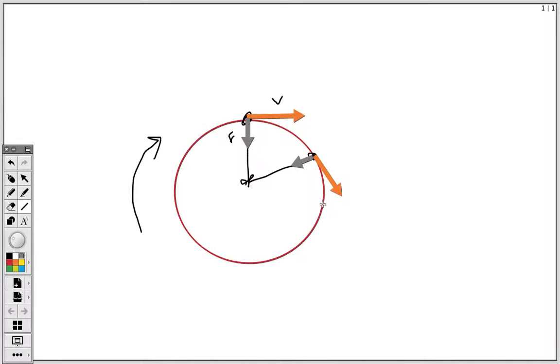And if we were to do this at every single point, we would start to see that at every single point, that string is pulling that object towards the center. Okay? And that's what keeps these objects in the circular motion. And keep in mind that the centripetal force will always keep that object going into a circular motion.